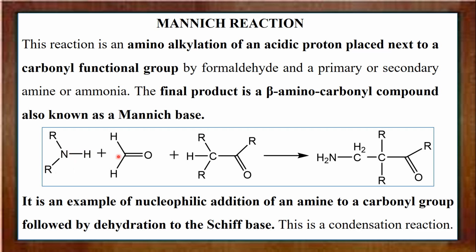We add it with formaldehyde in the presence of an organic acid, and these two in the presence of organic acid generate an electrophile, and that electrophile is reacting with this substrate, resulting in the formation of an amino alkyl substituted carbonyl compound.